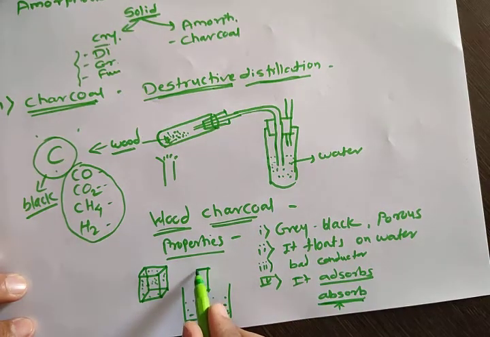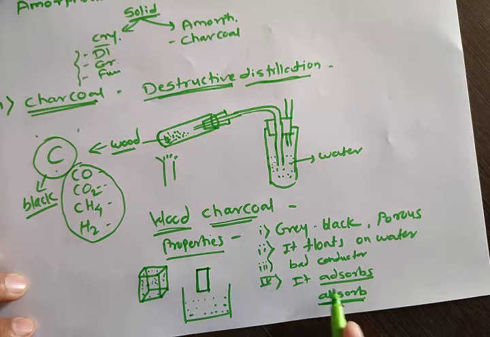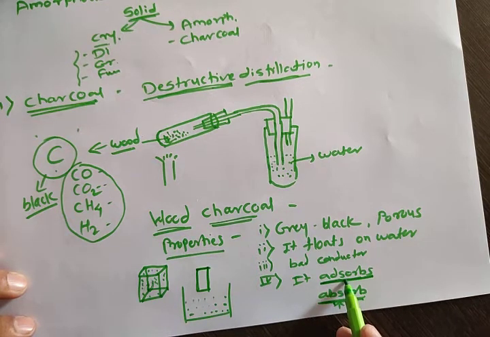Suppose the water is held only on the surface of the sponge, then it is known as adsorption. Adsorption is a surface phenomenon. If a substance takes up something only on its surface, it is adsorption, and if it is taken up in the complete body, it is absorption.